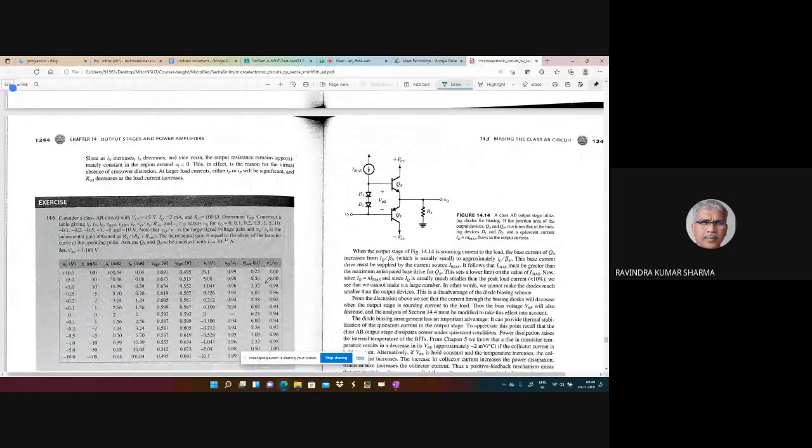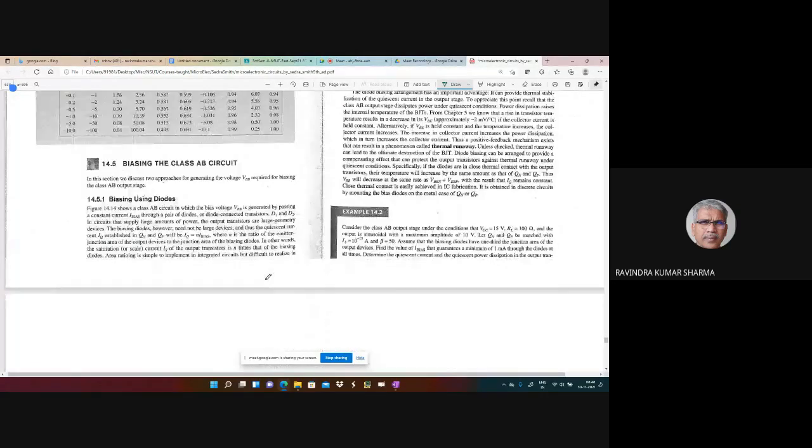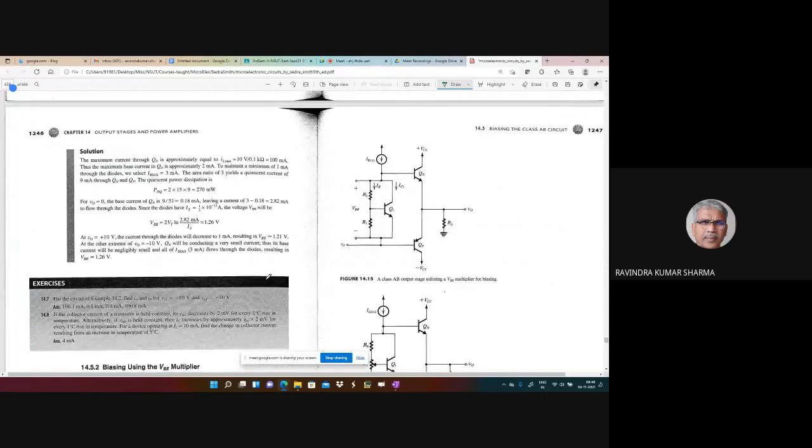Class AB output resistors can also be used with these D1 and D2 to provide the bias. And in some cases, even the VB multiplier is used to provide the bias. This is the VB multiplier, which is replaced. This circuit is called VB multiplier.